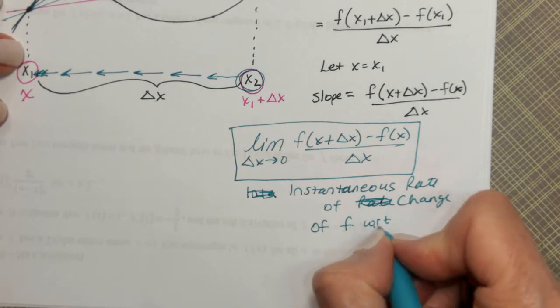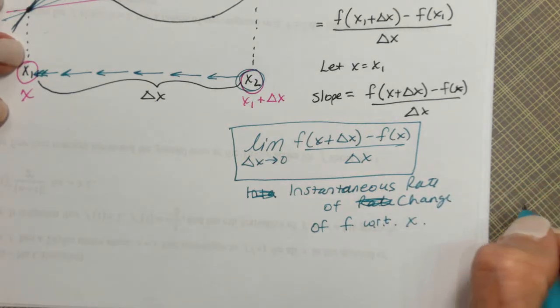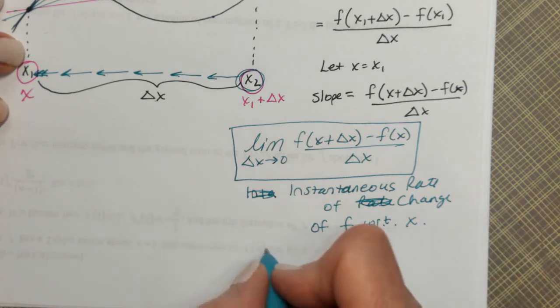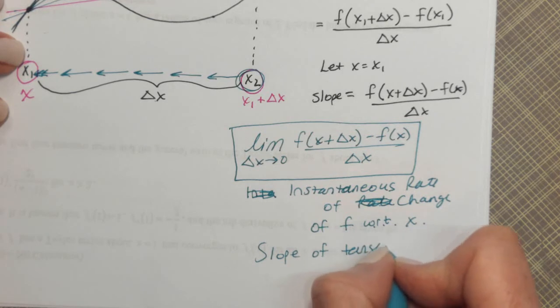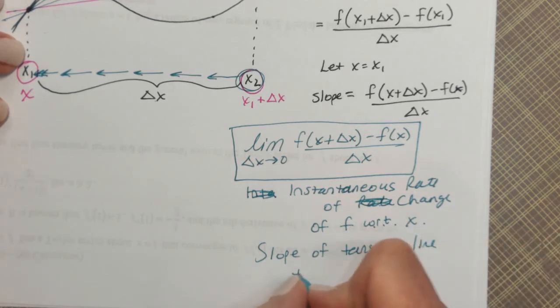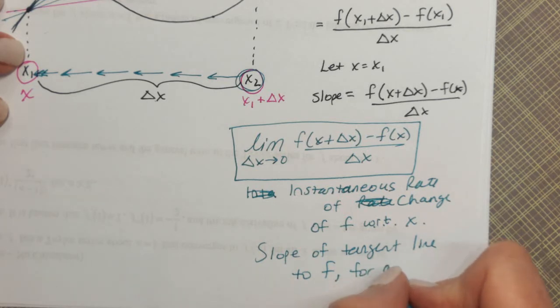WRT is with respect to x. Okay? It's also the slope of the tangent line to f for any x value.